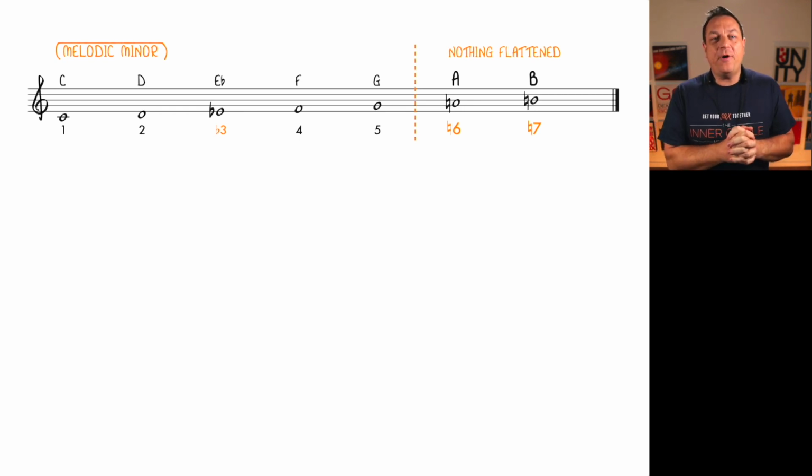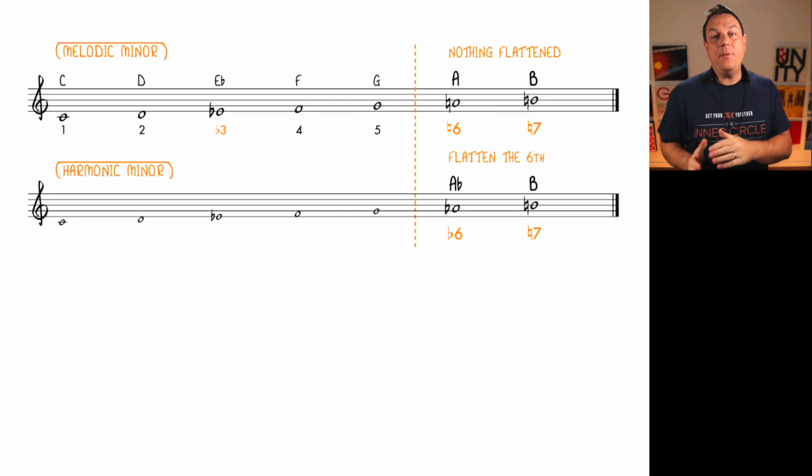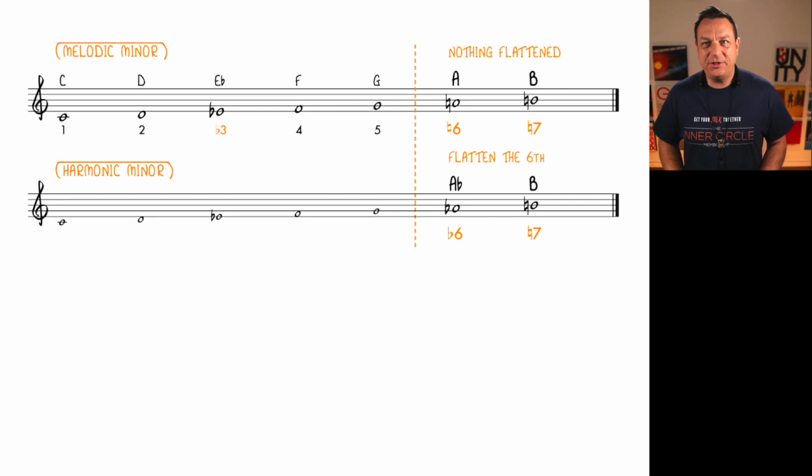Right, let's now move on to the harmonic minor. Now, the harmonic minor is the same, but you flatten the 6th. So you've got your usual 5. Now this time, the 6th note is flattened, but you've still got the natural 7. Okay, that's the harmonic minor. Flat 6, natural 7.